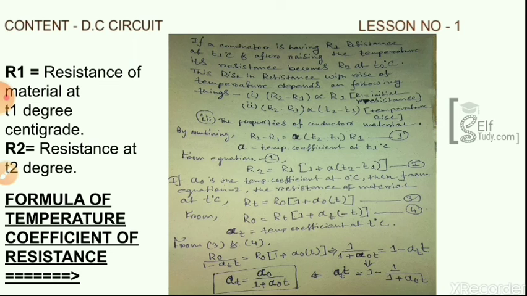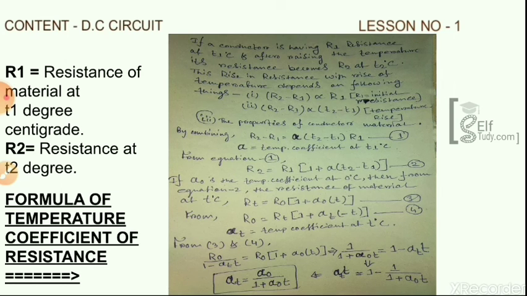Now let's figure out the formula for finding the temperature coefficient of resistance. Let's say R1 is the resistance of the material at T1 degree centigrade, suppose, and R2 is the resistance at T2 degree centigrade.